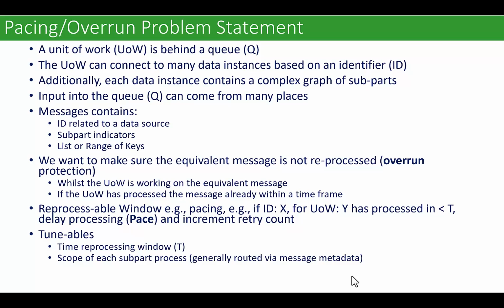We implement pacing, and pacing is just delaying the message delivery and incrementing the retry count, because obviously what we don't want is the Flying Dutchman messages that just get booted into infinity. And we have an assumption that after some retry threshold, in either time or retries or both, if we haven't processed this exact message, we process something that looks like it. And so we can safely mark that message as being processed.